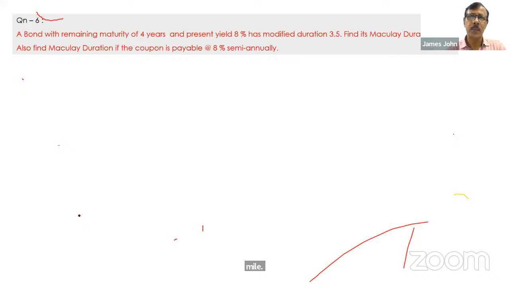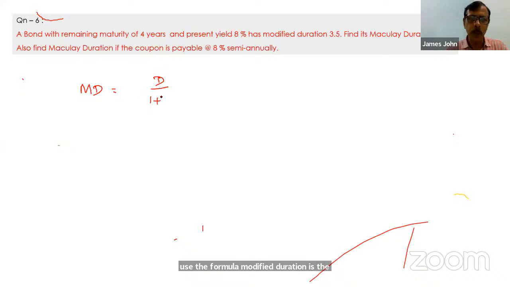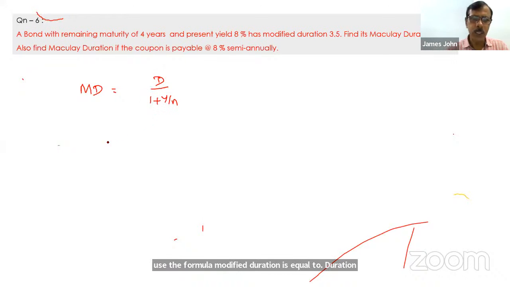Okay, sir. See, a bond with remaining maturity of 4 years and yield 8% has modified duration 3.5. Find its Macaulay duration. This question they can also ask. You have to use the formula: modified duration is equal to duration by 1 plus y by n. From this formula you can calculate duration. Duration will be modified duration into 1 plus y by n.